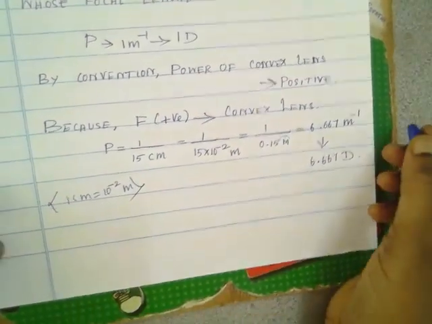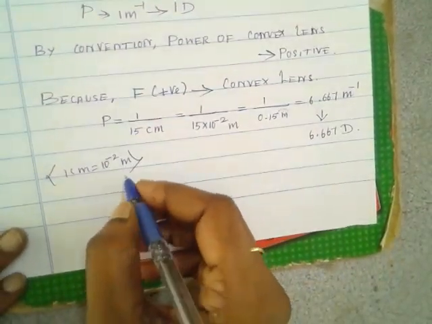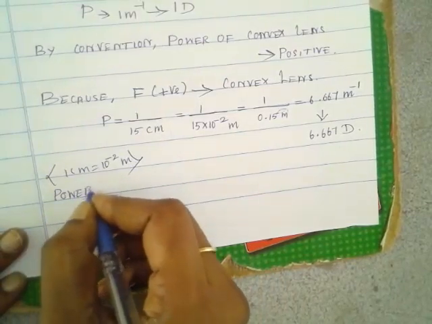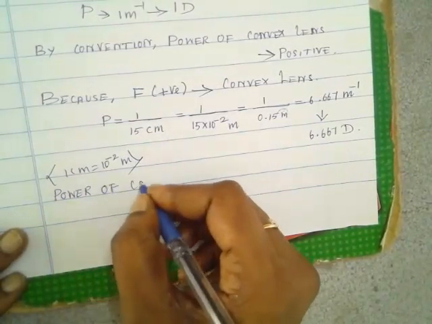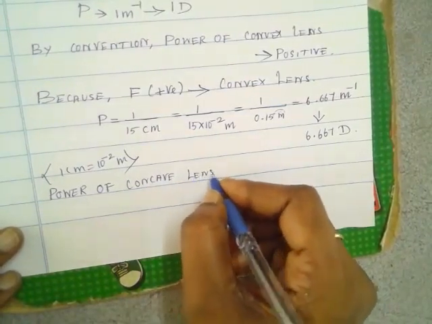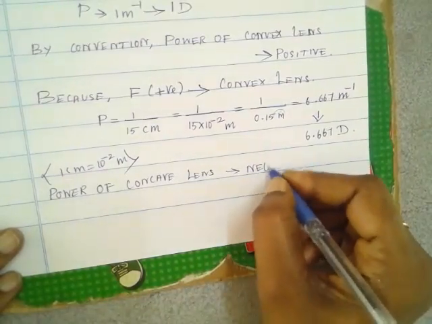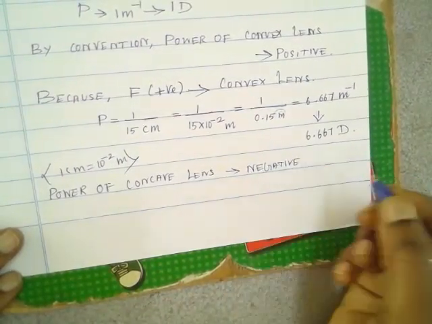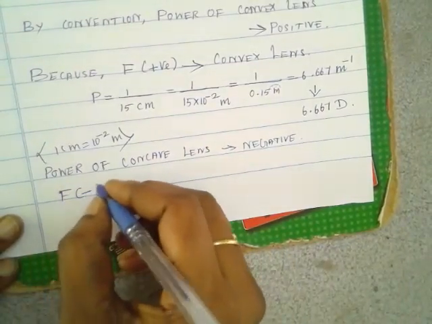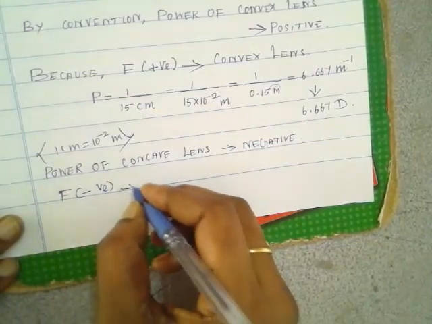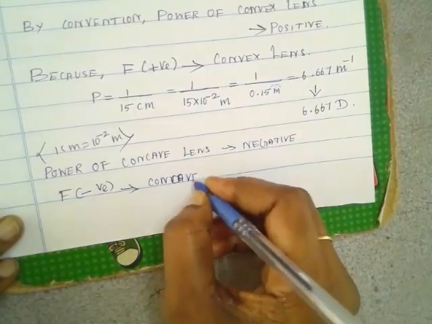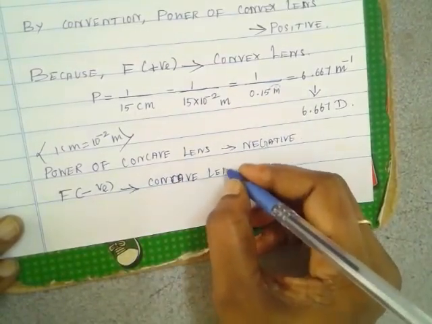And also by convention, the power of a concave lens is negative, because the focal length of the concave lens is negative.